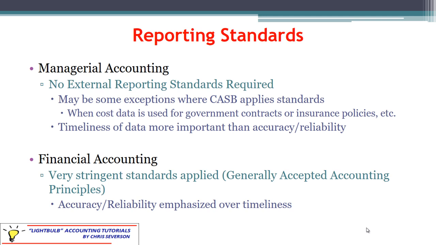With materials and labor, as we'll see in later lectures, it's very easy to assign costs to particular products or departments, but overhead, you have to figure out the best way to allocate it. And again, without going into too much detail right now, there are a lot of issues that can arise. That is where the Cost Accounting Standards Board really comes in. Now again, one of the reasons we're not using reporting standards is that the timeliness of data is more important than the accuracy or reliability.